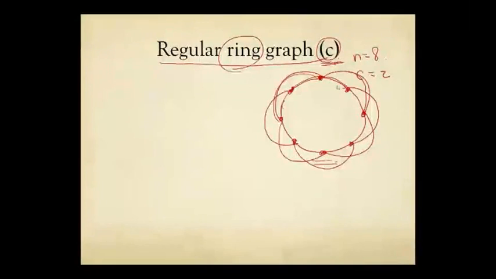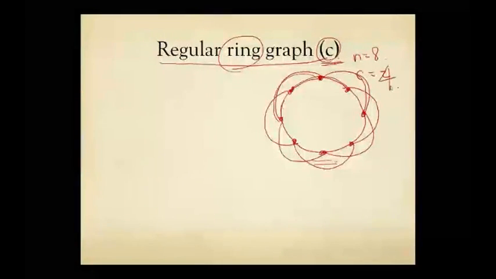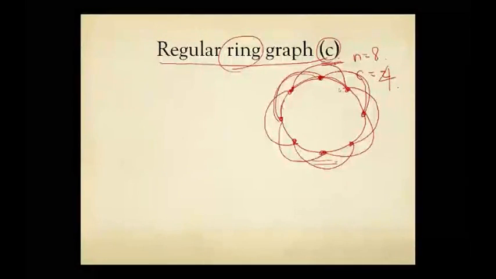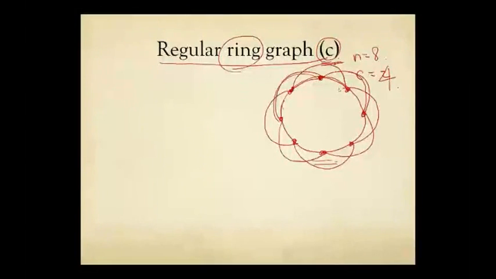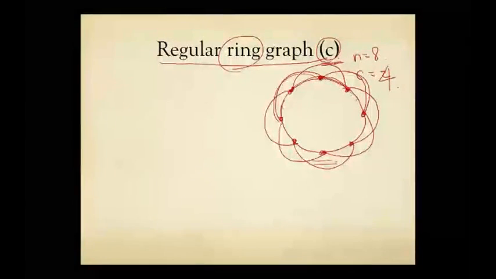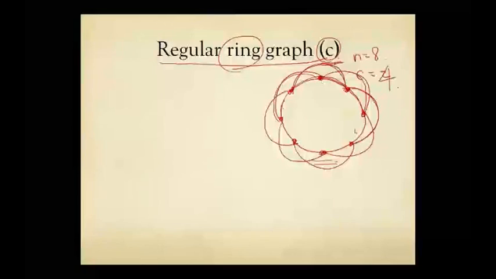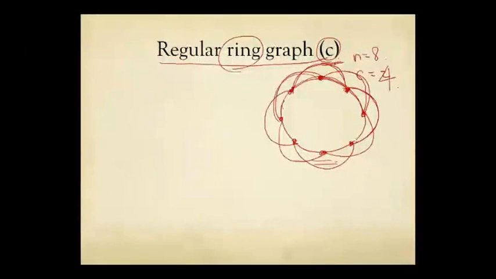Now in this case, c is no longer 2, c is 4, because every node actually has 4 neighbors. I pick this node: 1 neighbor, 2 neighbor, 3 neighbor, 4 neighbor. Don't worry too much about exactly the way the lines are drawn. You can easily count 1, 2, 3, 4. This node has 4 neighbors and is symmetric, it's regular. So every node has 4 neighbors, degree 4, and 8 nodes.